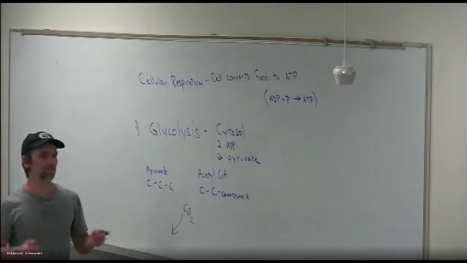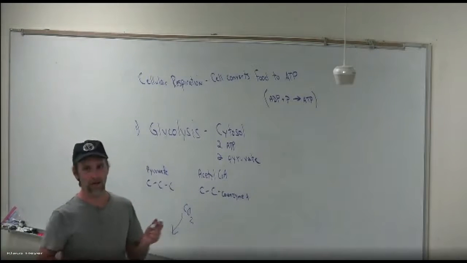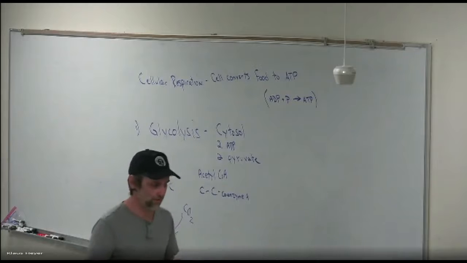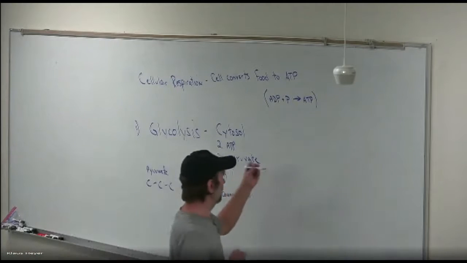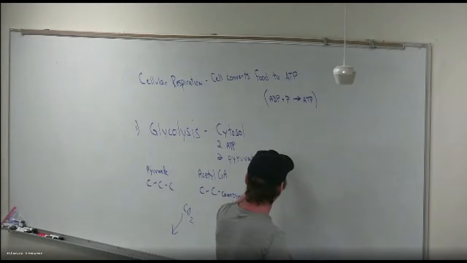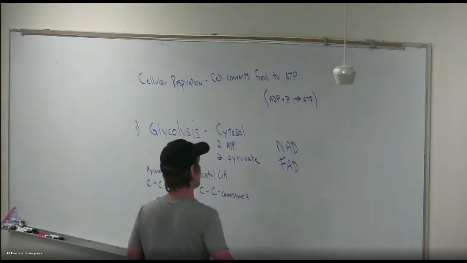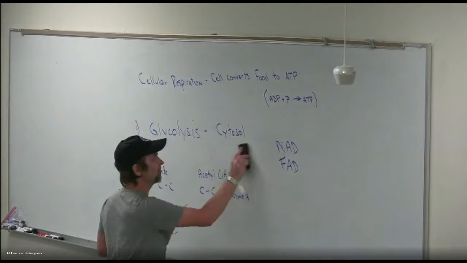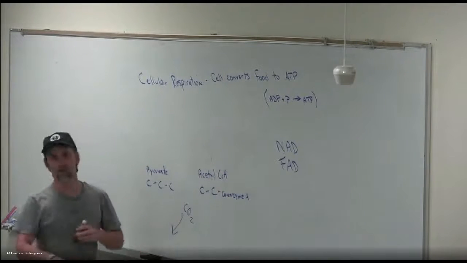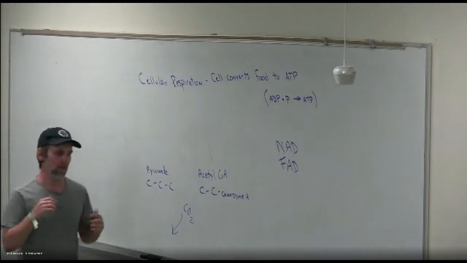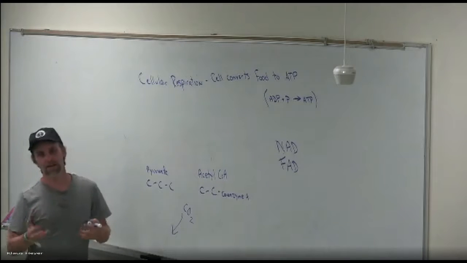Before we get fully into the Krebs cycle, I forgot to tell you that you're going to see these molecules in your book, and they all start with either NAD or FAD. You'll see different forms of them, for example NADP, NADPH.